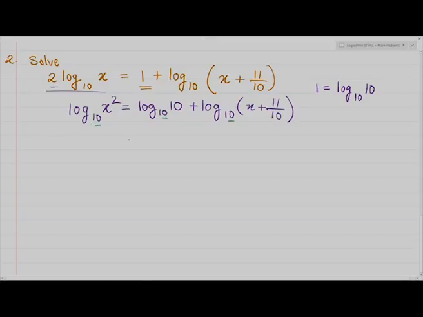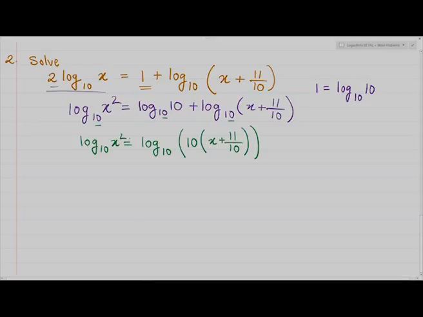So, if I use the multiplication rule for this, it will be log to the base 10 of 10 into x plus 11 by 10. Hope all of you understand this. This is again as it is log to the base 10 of x square.